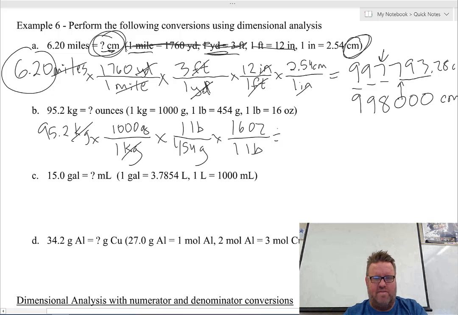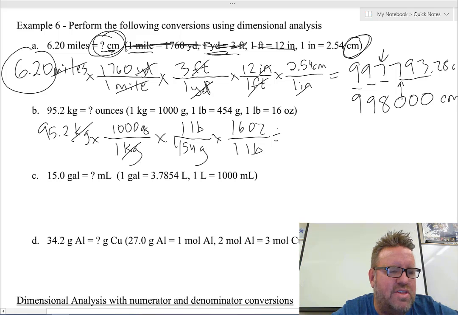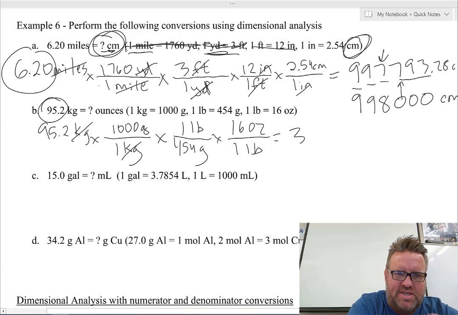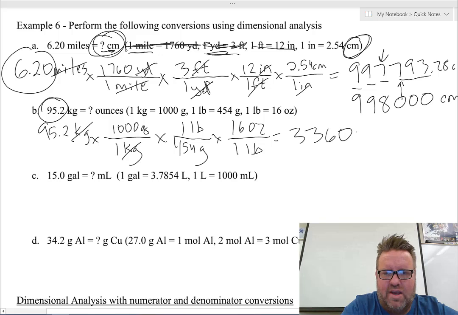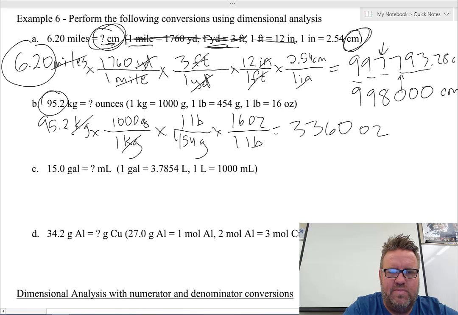Okay, then I go 95.2 times 1,000 divided by 454 times 16. Again, calculator answer 3,355. Round that to, again, there's my 3 significant figures. So that's 3,360 ounces would be my final answer there.